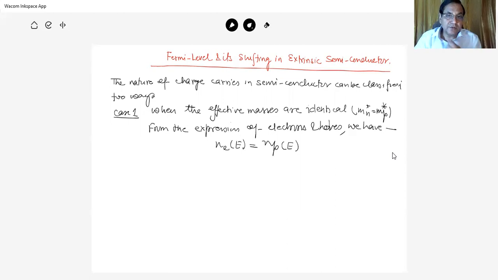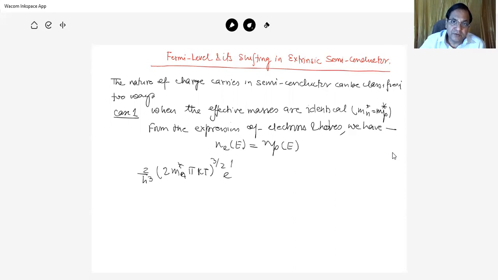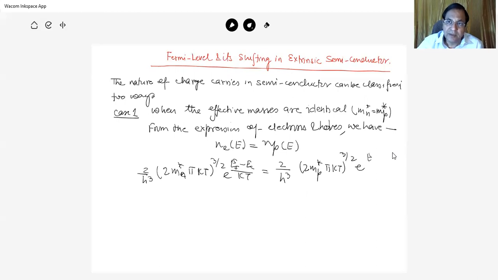Same. So the expression is 2 upon h cube, 2 pi Mn star kT to the power 3 by 2, e raised to the power (EF minus EC) upon kT, is equal to 2 upon h cube, 2 pi Mp star kT to the power 3 by 2, e raised to the power (EV minus EF) by kT.